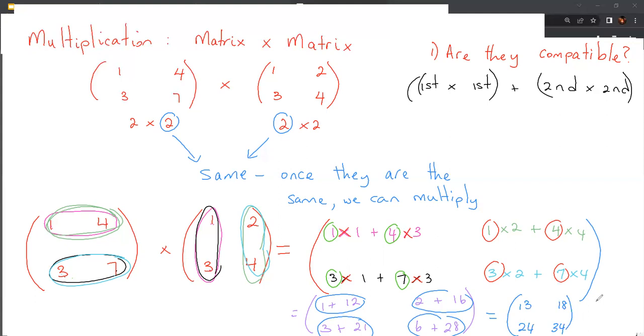I'll do another one. All right, so they gave us another one where they told us that matrix A is equal to 3, negative 2, 1, 0, 2, 2.